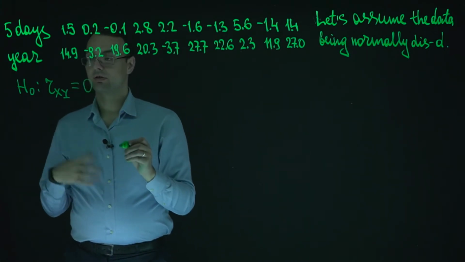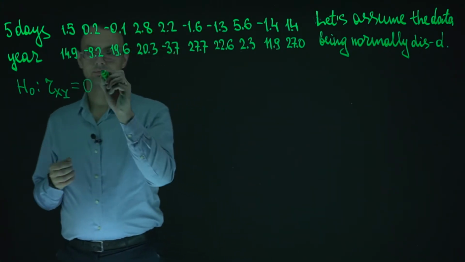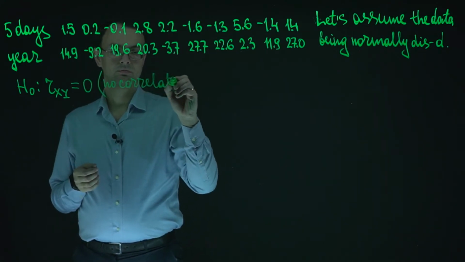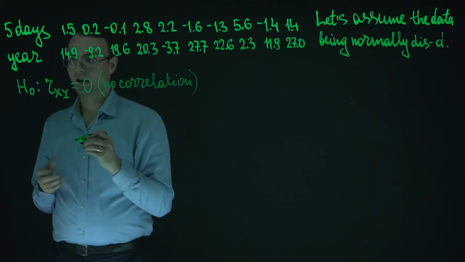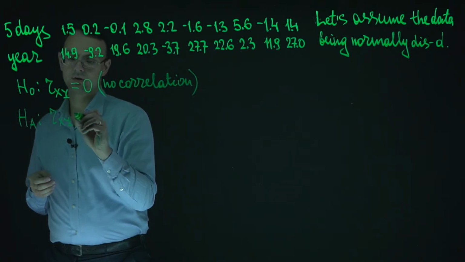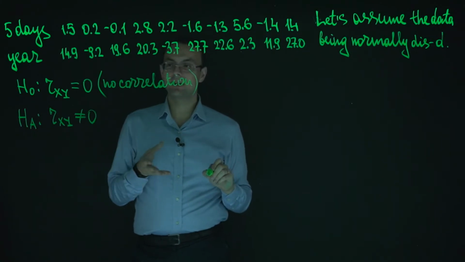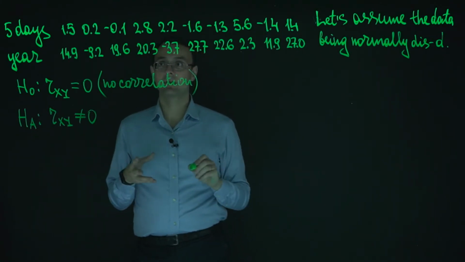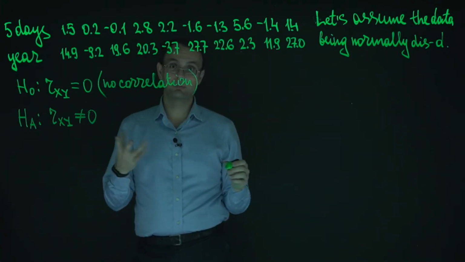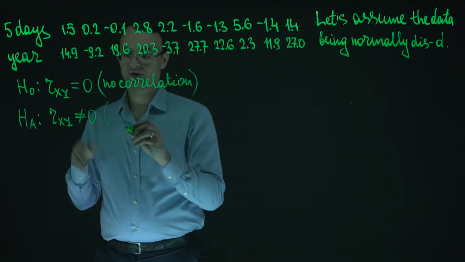So H0 is that the correlation is 0, so that they are independent. And the alternative hypothesis is that the correlation is not zero. Actually, we can suppose that maybe there is a positive correlation, so that if the beginning of the year was positive, then the whole year will be positive and vice versa. But let us say that there is a correlation of some kind.